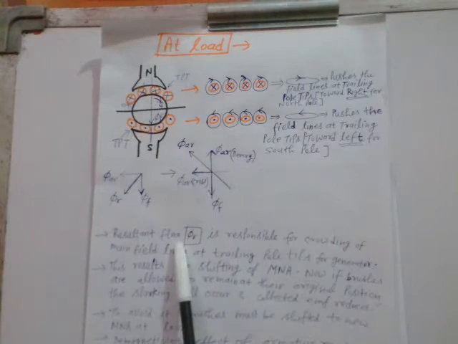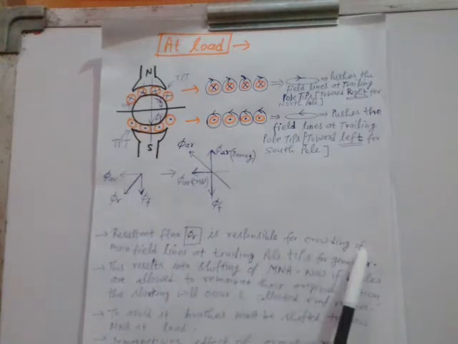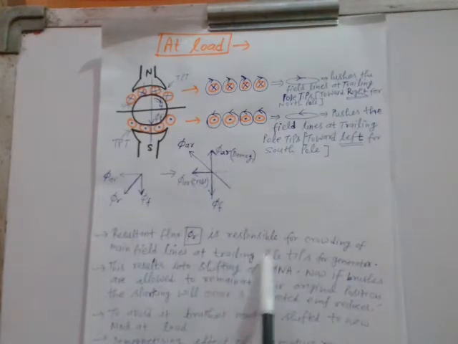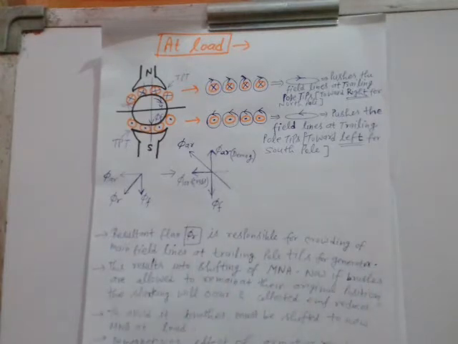This resultant flux is responsible for crowding and distortion of the main field lines at the trailing pole tips of the generator. This results in shifting of the magnetically neutral axis.